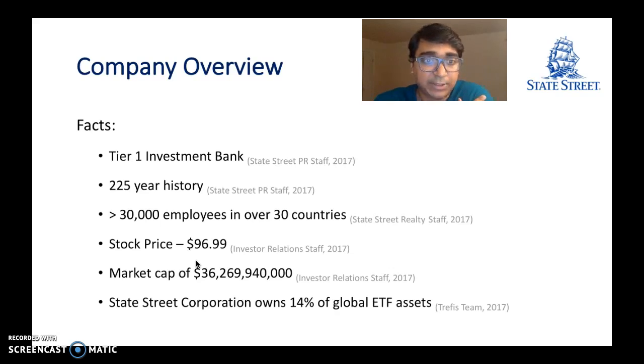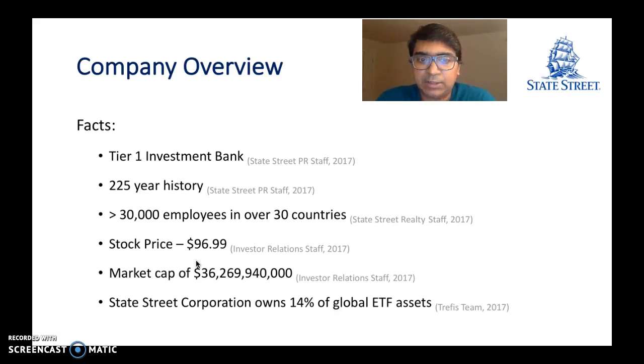So as of yesterday, the stock price of State Street was $96.99, which is up $6 from quarter two of 2017. That's the last financial review paper that I was reading. And based on yesterday's stock price, the current market cap stands at $36 billion. So we're up there.